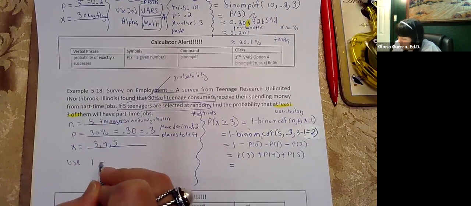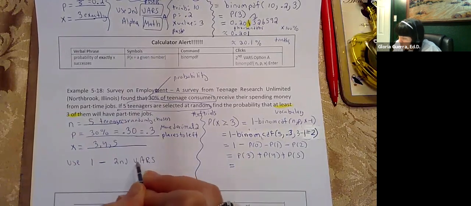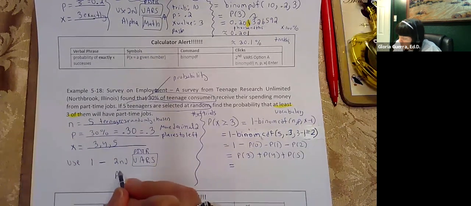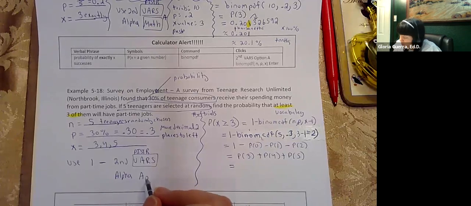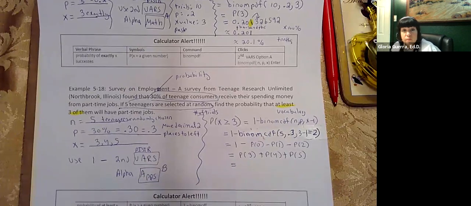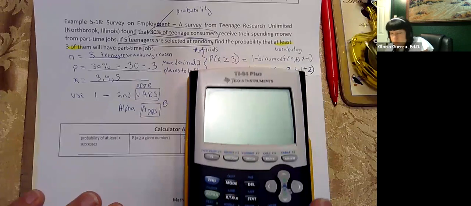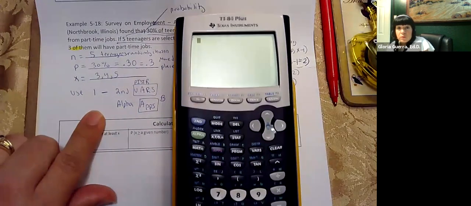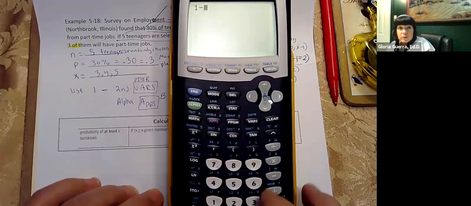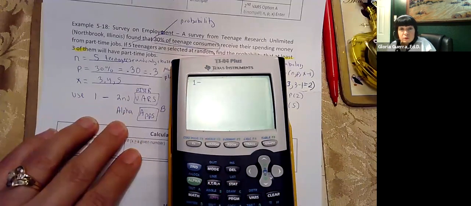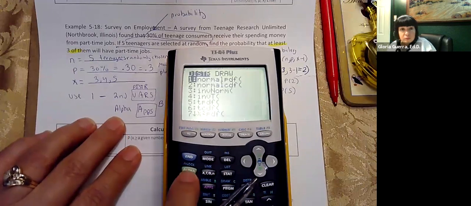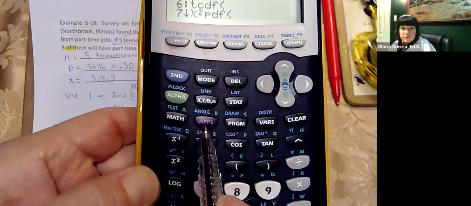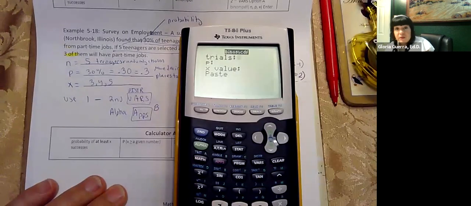You need to do 1 minus, and then second vars, and then alpha, which is right here in green, and then you want the apps B. It's purple, see right there? Math A, apps B. See how that pulls up?